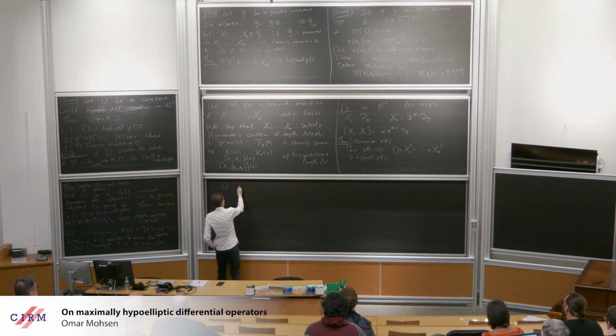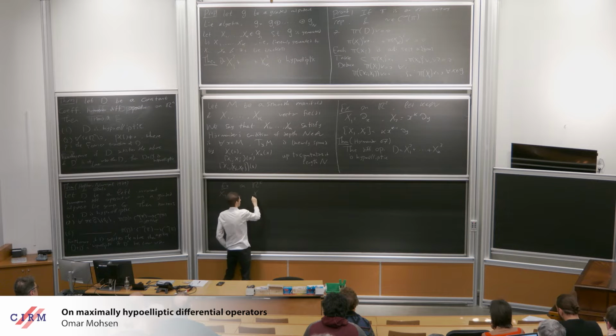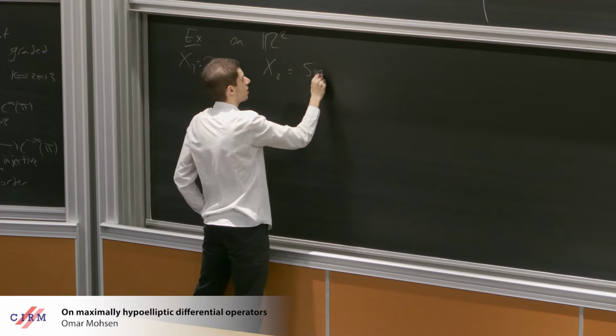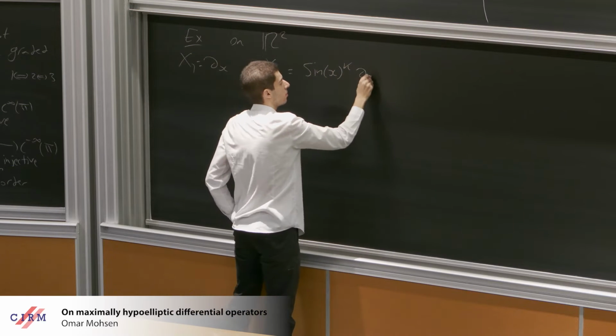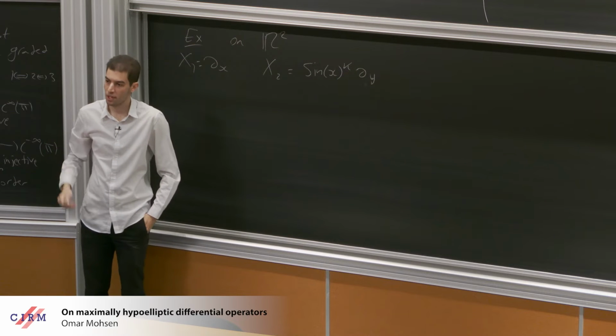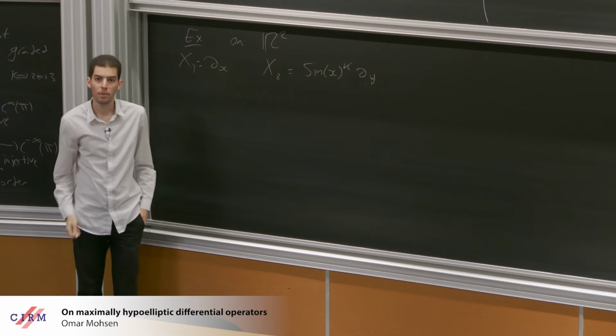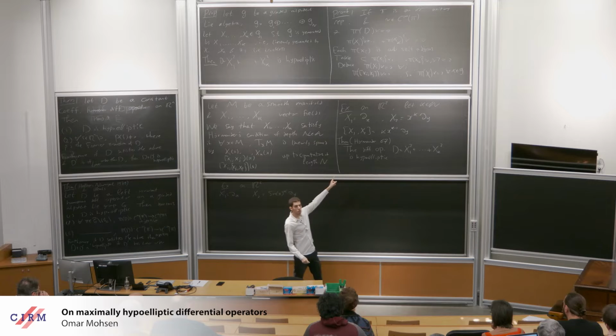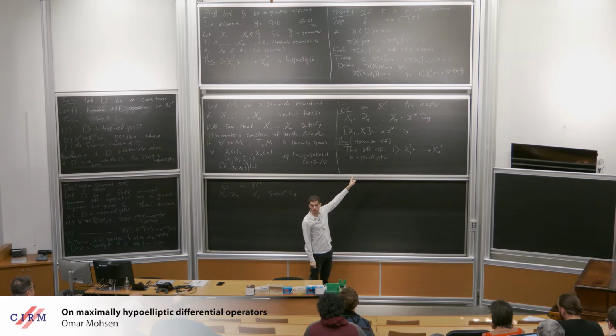On R2, I could take d/dx. So this is my first vector field, and I could take the second vector field, which is sine of x to the power k d/dy. They will again satisfy Hormander's condition. But the point is that if I take k plus 1 commutators here, between X1 and X2, they will vanish.